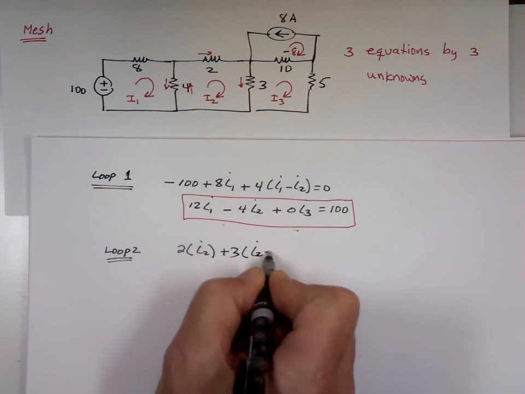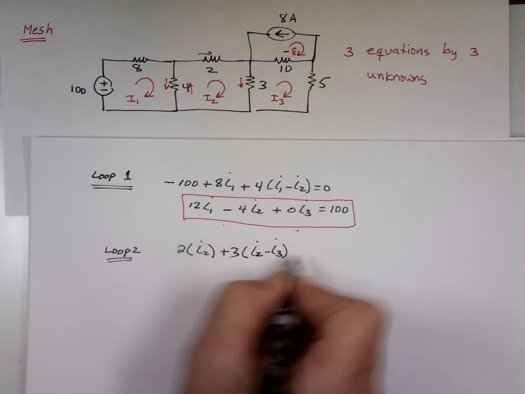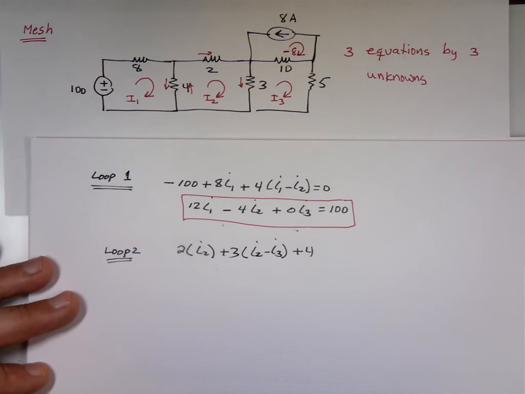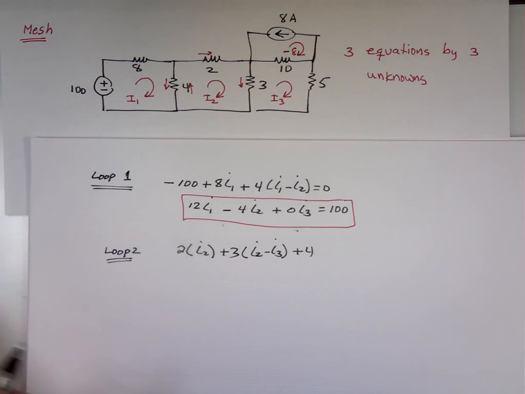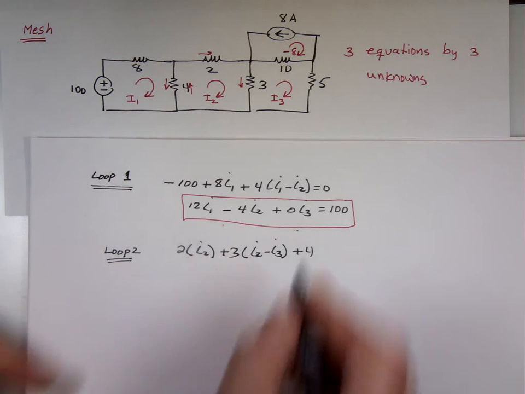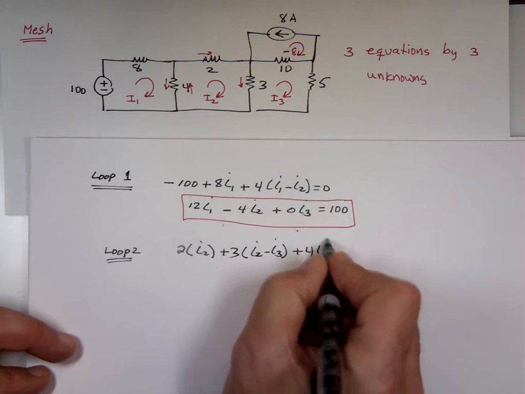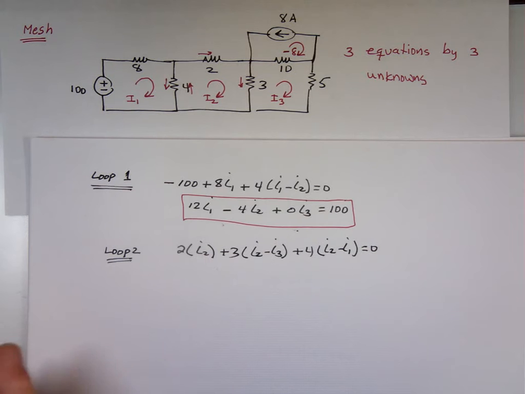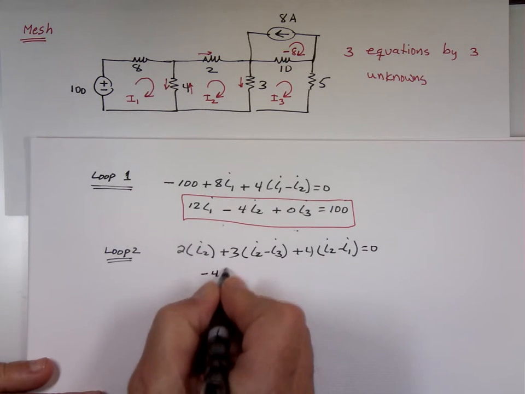I sub 2 minus I sub 3, yes. Plus 4, what is the current up? I sub 2 minus I sub 1 equals 0. Clean it. I got negative 4 I sub 1.